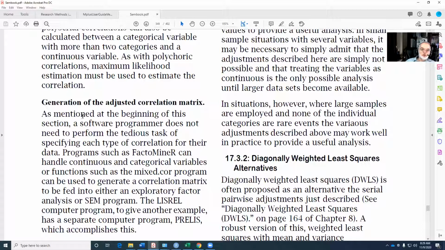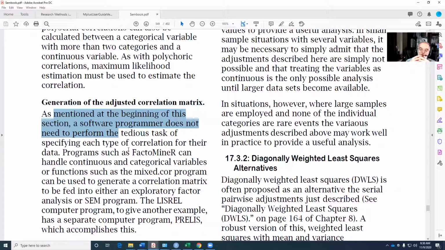Now, inside of your program, our computer program is going to go in and generate for us a correlation matrix. So what people sometimes do is, if you're playing inside of M+ or Lavaan, you're just going to say, hey, these variables are categorical, deal with it.